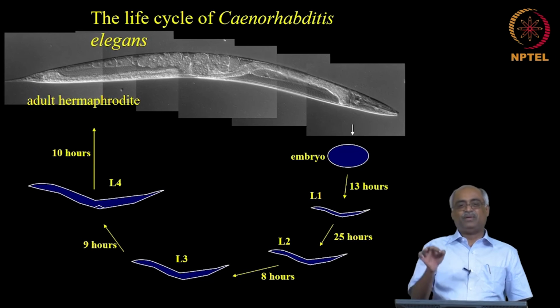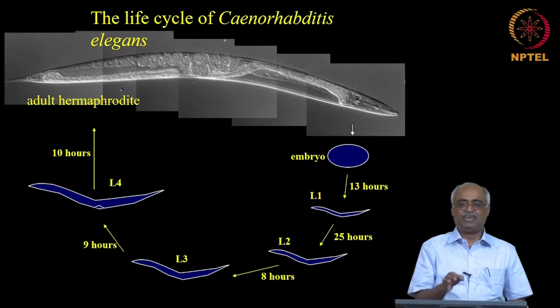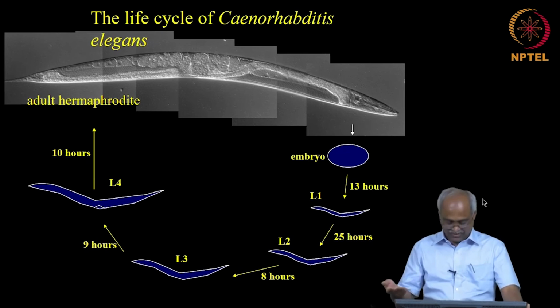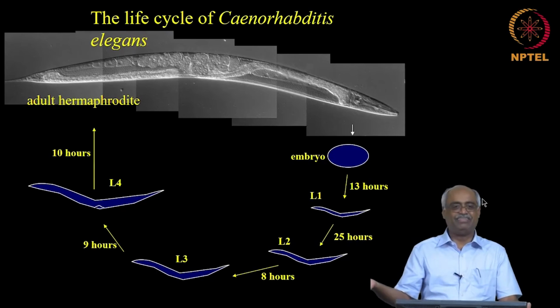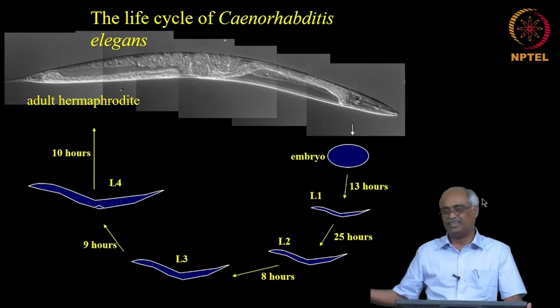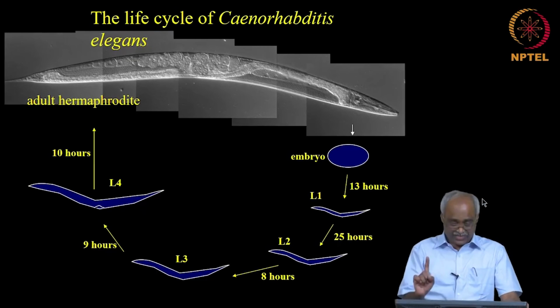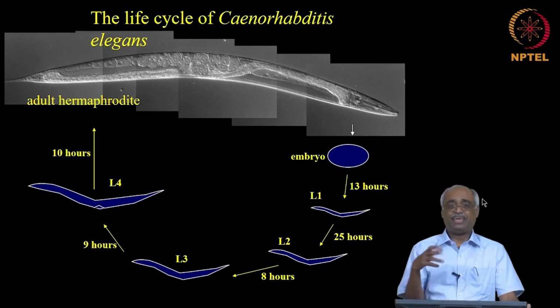If I want to look for a gene involved in germ cell development in C. elegans, having only 100 million bases, versus finding the same gene involved in germ cell development in 3 billion bases, I need to screen a minimum of 30 times more individuals after mutagenesis in the second organism, which is Homo sapiens. So, you need to know this. Many times people just say smaller genome, but they do not understand why smaller genome.